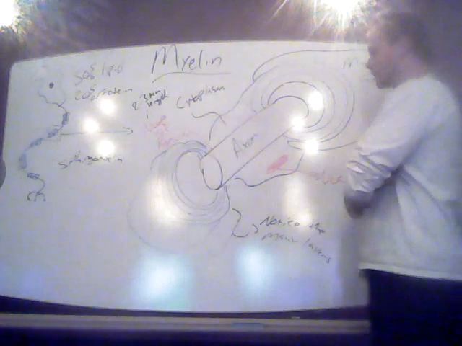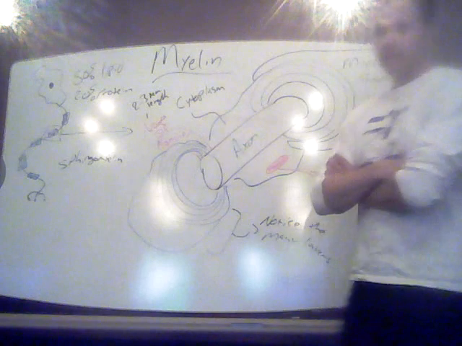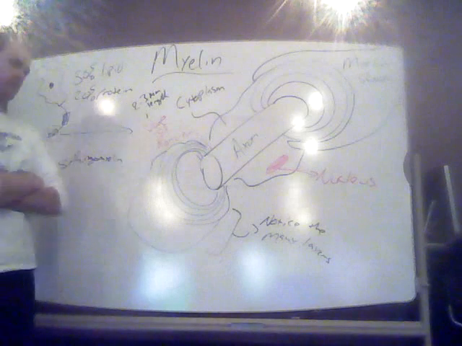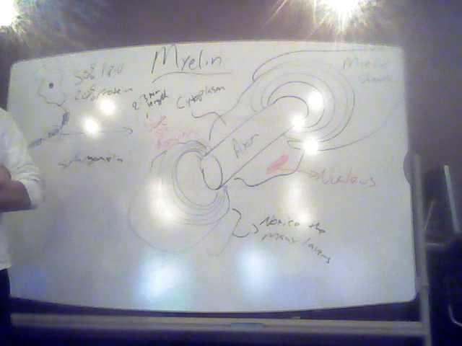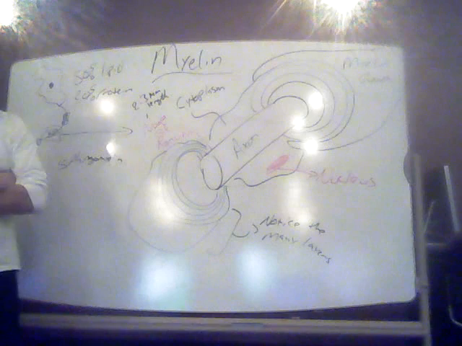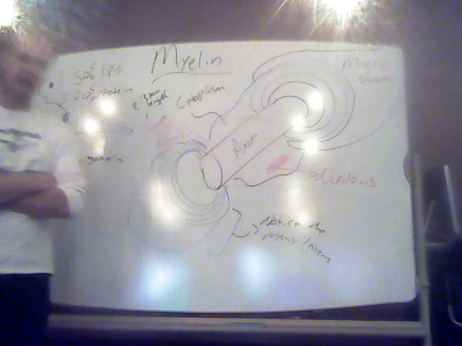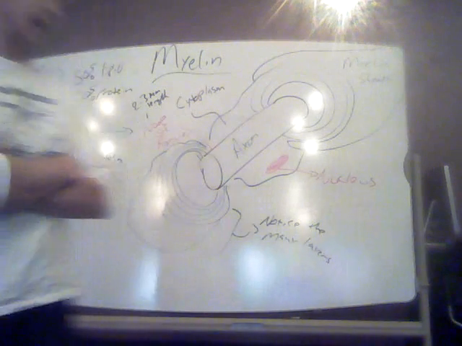Now, the myelin sheath, like I said, is an insulator, and it allows us to send action potentials at a much more rapid rate, meaning we can send nervous impulses a lot faster with myelinated axons than with unmyelinated axons.